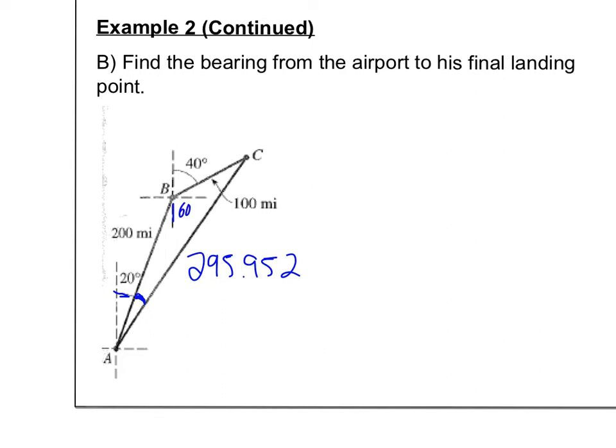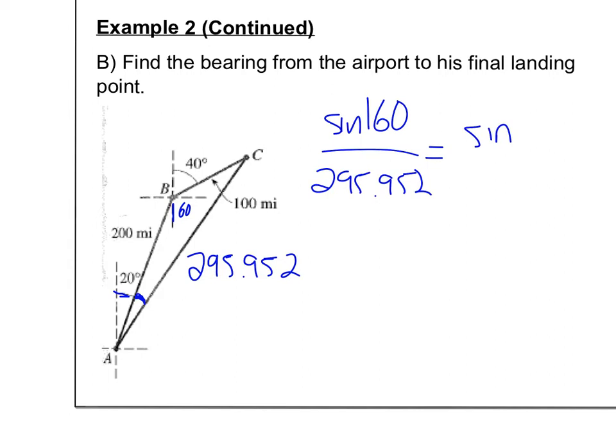We know that this is 160, so I'm going to take the sine of 160 over 295.952, and that's going to be equal to the sine of x, which is what I'm looking for, over 100 miles, because this angle is across from that 100-mile loop.